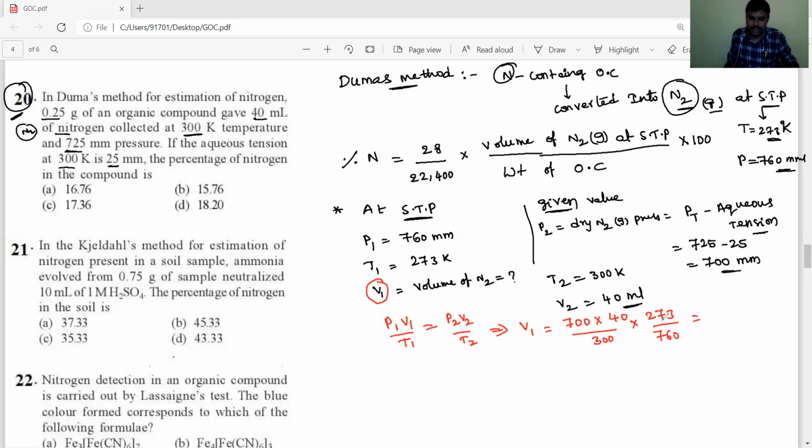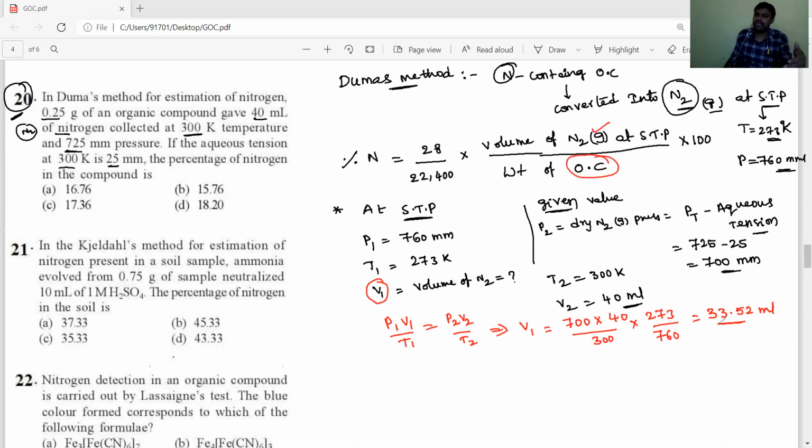On simplification, the volume of dry N2 gas at STP condition we get is 33.52 ml. Okay students, now we know this volume that we calculated, and we also know the weight of the organic compound.